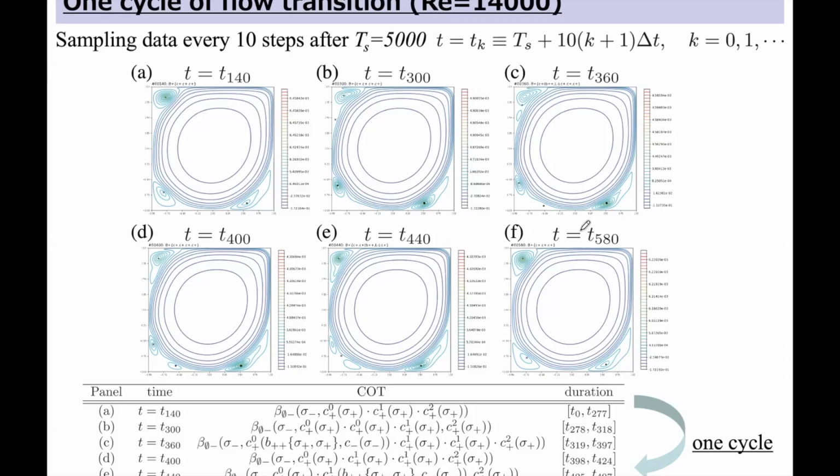During this time interval the COT never changes, because the COT is for the structurally stable Hamiltonian vector field, and it remains unchanged from the topological point of view. But at time 278, this pattern changes abruptly to this pattern.